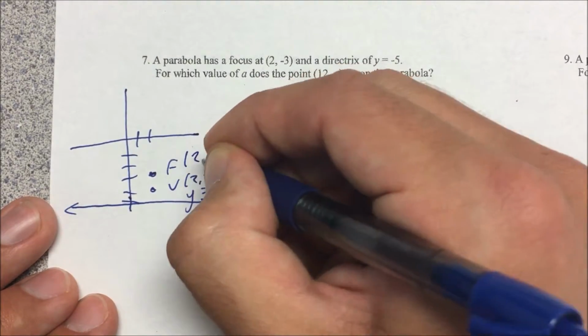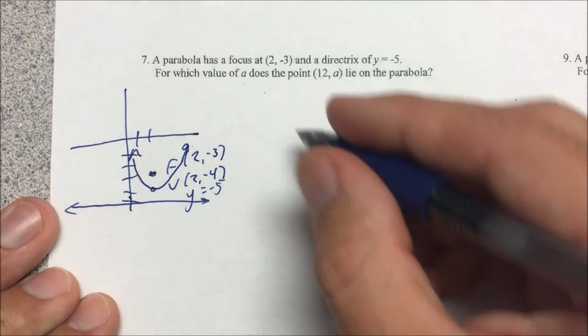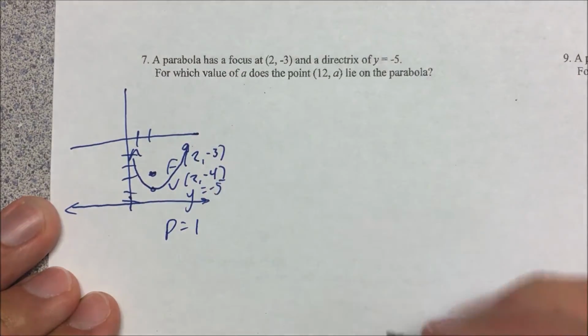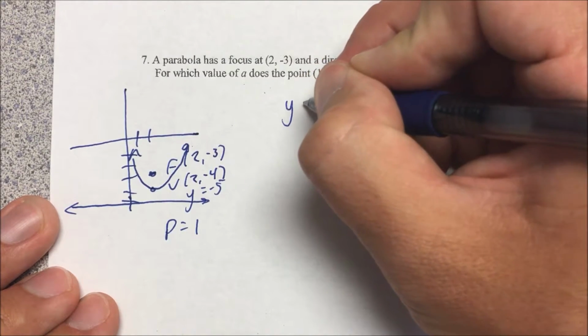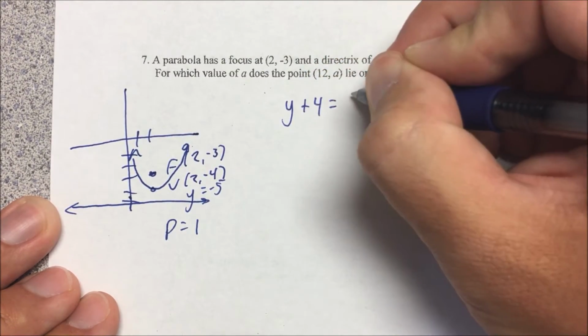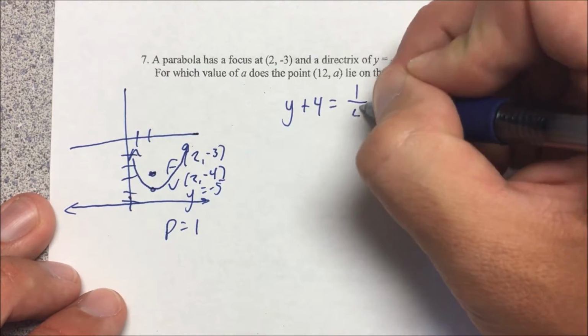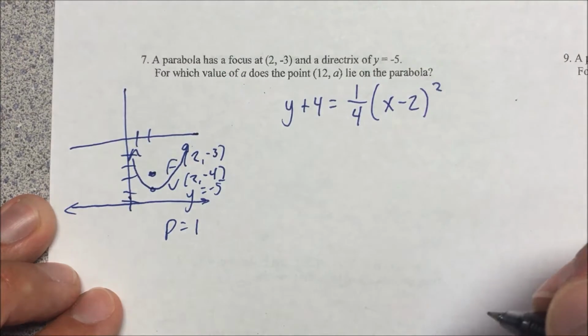This was at (2, -3). It's going to be facing up. And my p-value is just 1 this time. So I'm going to have an equation of y plus 4 equals 1 over 4, since p is just 1, times x minus 2 squared.